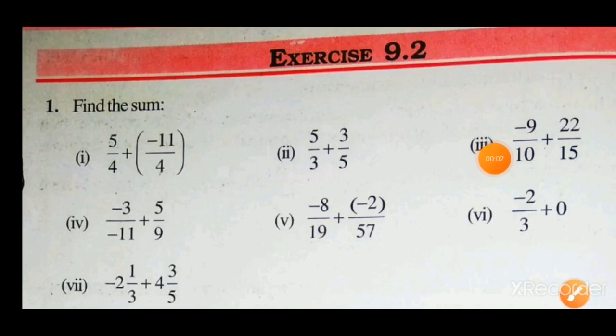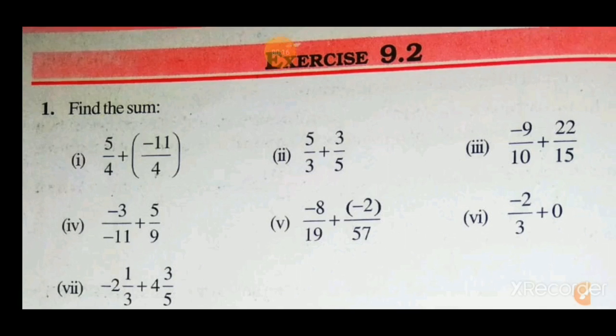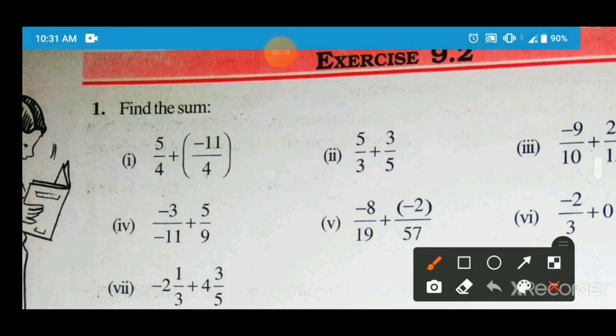Now the third part, minus 9 upon 10 plus 22 upon 15, in which the 10 and 15, these two denominators are there and both are different. So first we make the denominators same by taking their LCM. LCM of 10 and 15.